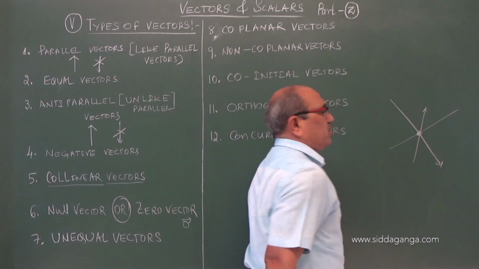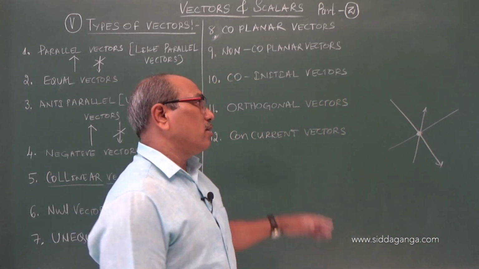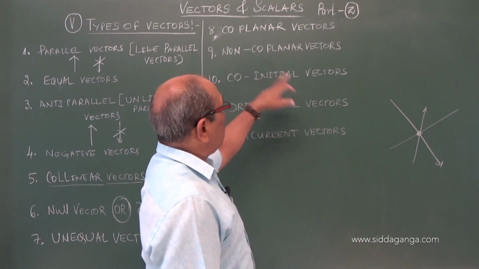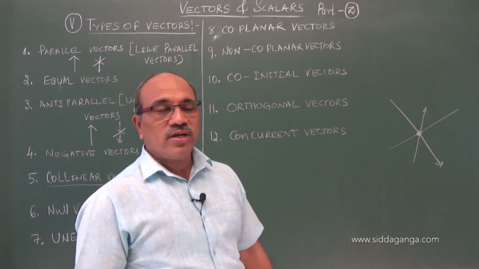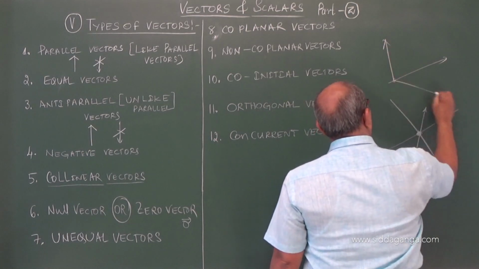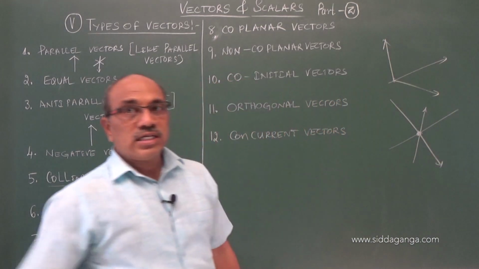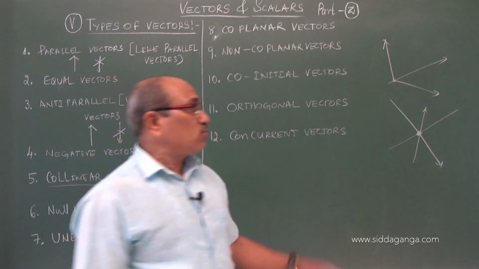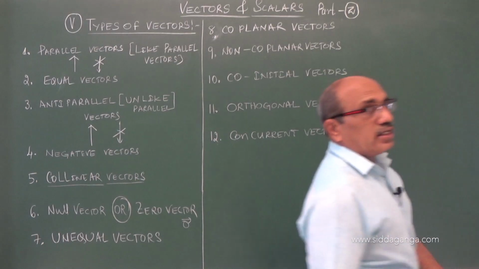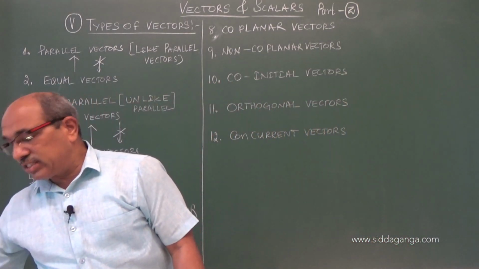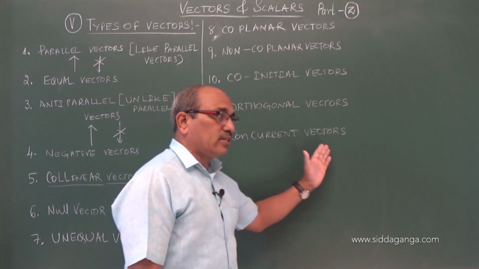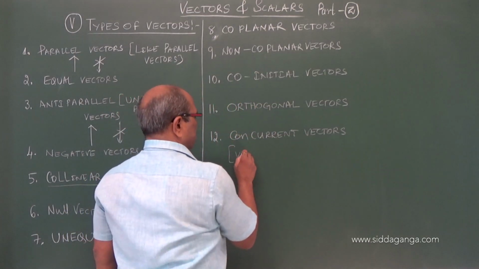Even co-initial vectors can be compared with that. Vectors having a common initial point, passing through the common point, are called concurrent vectors. Sometimes we use concurrent coplanar: vectors passing through a common point and in a common plane are called concurrent coplanar vectors.